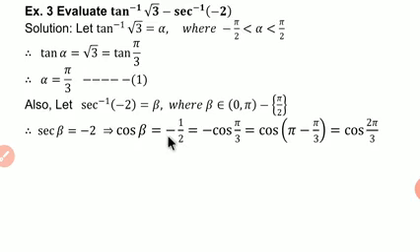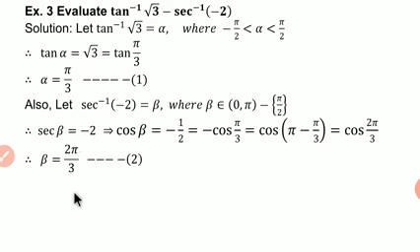It is minus 1 by 2, which is equal to minus cos pi by 3, because cos pi by 3 is 1 by 2. And now minus cos theta, it is cos of pi minus theta. So it is cos of pi minus pi by 3, it is cos 2 pi by 3. And so on comparing, we get beta is equal to 2 pi by 3. That is, sec inverse minus 2 is equal to 2 pi by 3.